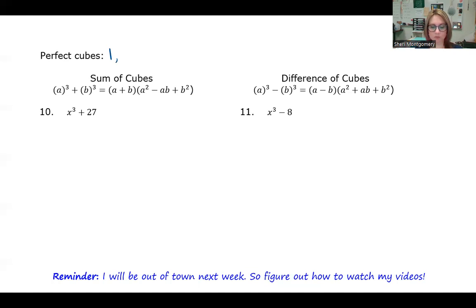Two times 2 is 4. 4 times 2 is 8. What about 3 times 3 times 3? So 3 times 3 is 9. 9 times 3 is 27. Okay, so 4 times 4 is 16. 16 times 4. Use your calculator if you need to.